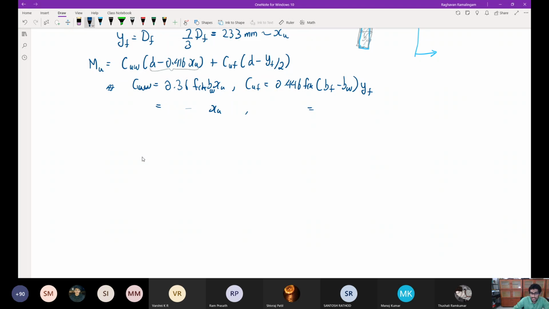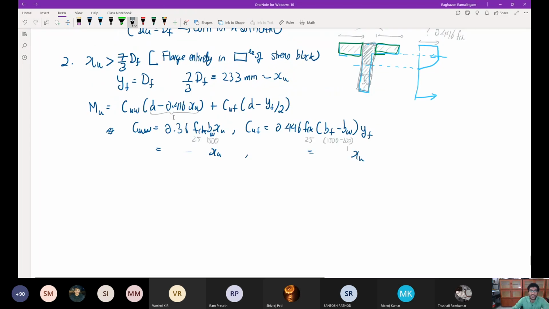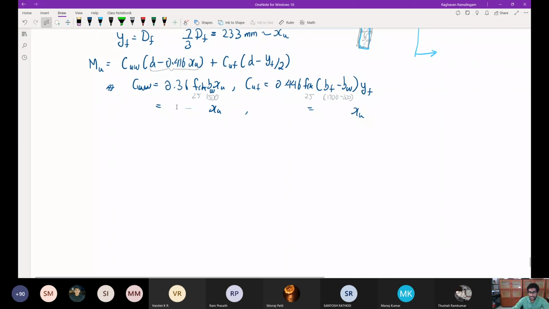FCK is 25, BW is 1500, XU, no, you don't write it in terms of XU. Again 25, BF minus BW will be 1500 minus 300, and YF is 100.